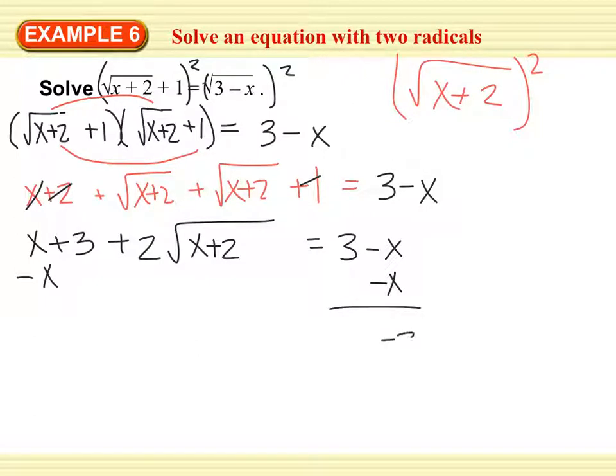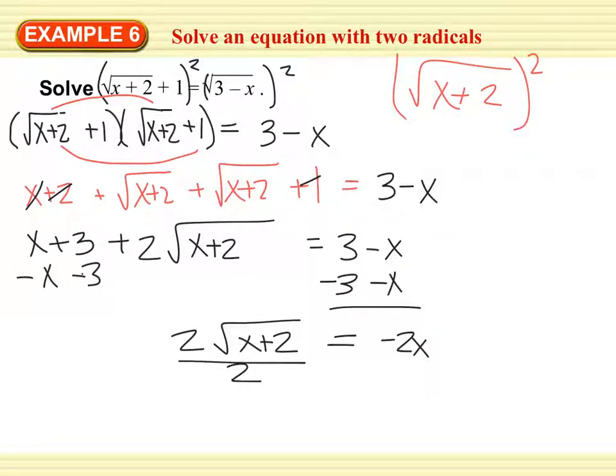That gives me a negative 2x, and subtract 3. Whoa, that went away. Sweet. 2 times the square root of x plus 2. Get rid of the 2. I have square root of x plus 2 equals negative x.